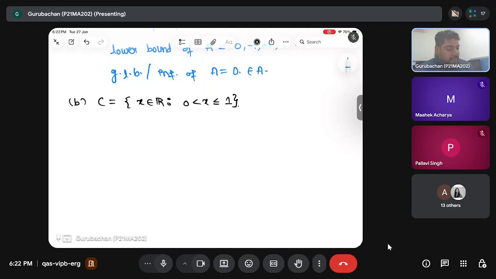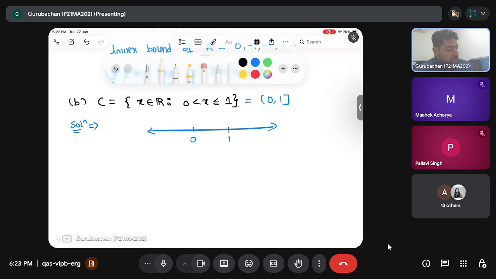For this set C, if you write it in interval form, then this will be open 0 and closed 1. So this is 0 and this is 1. This 1 is included and this 0 is not included.